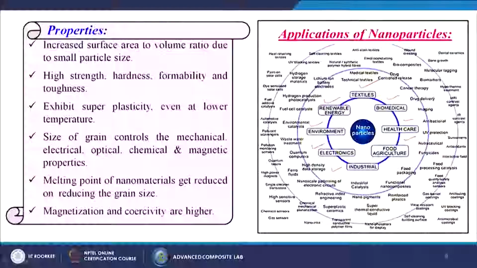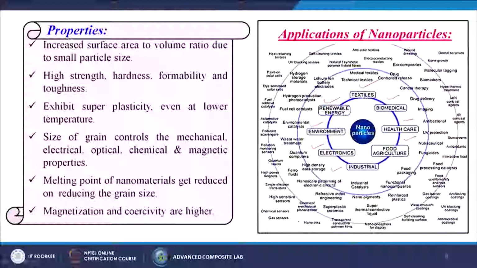We are using them for drug delivery, cancer therapy, controlled drug release, UV protection, food packaging, high density data storage, environmental catalysis, fuel cell catalysis, and so many more. Then after that we broaden it even more.